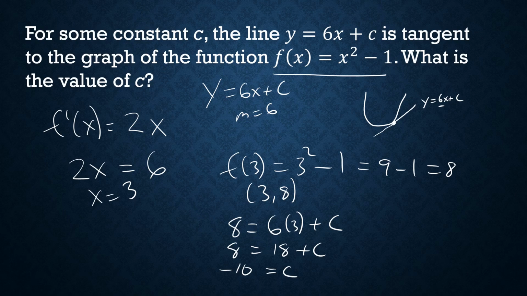We can figure out what x value this graph has, where that point is, which was 3. Then we can plug in 3 into our function and get 8. Okay, so that's going to be that point. We know this line also has this point, that's where they meet the graph. And we can plug that point into that line and then solve for c.